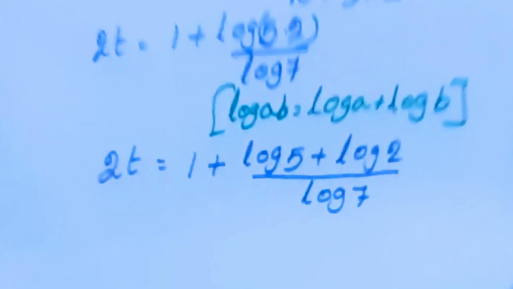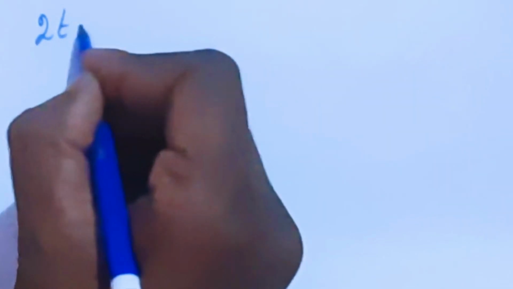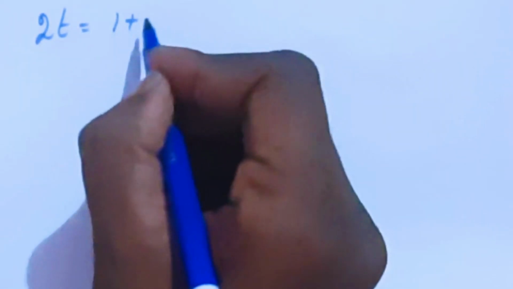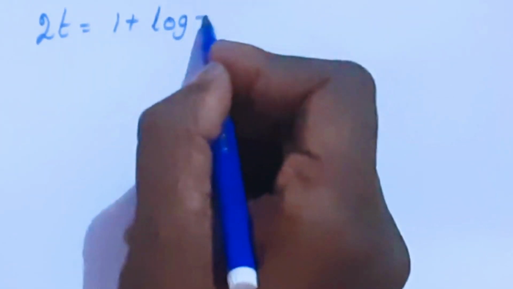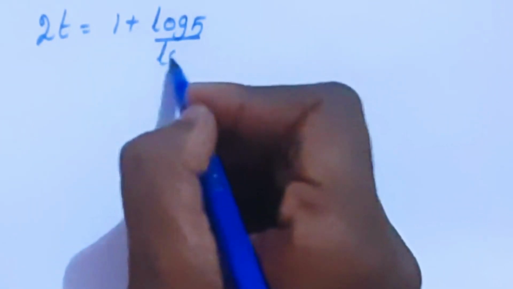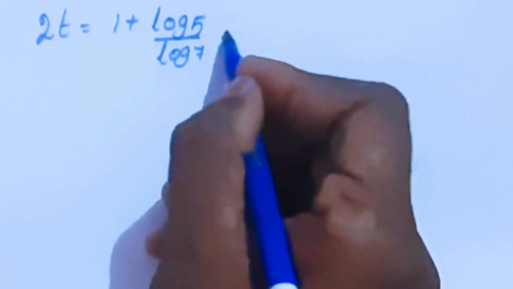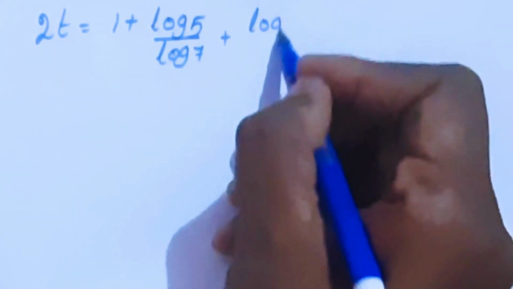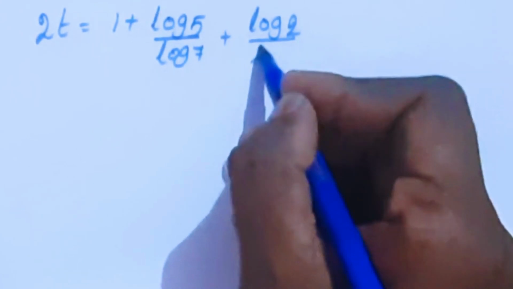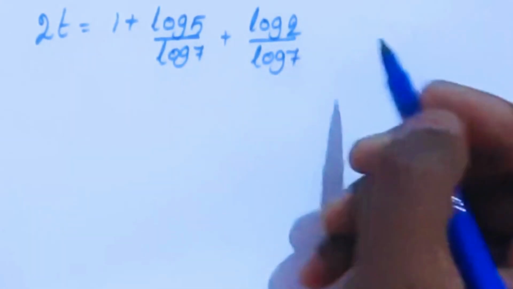So now 2t equals 1 plus log 5 by log 7 plus log 2 by log 7.